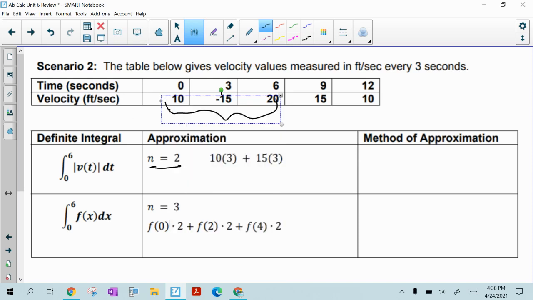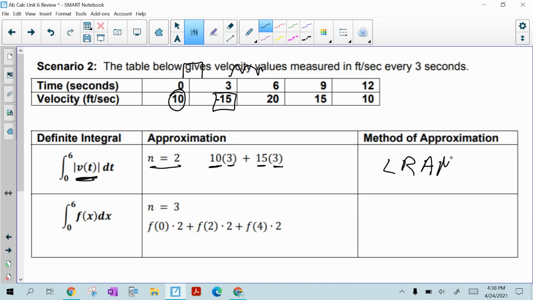Okay, so we're now going to say, I've got my height being here as 10, and the distance between these two is 3, and my height here is going to be 15, and the distance between these two is 3. Now again, it's 15, even though I was given negative 15, but notice it's the absolute value, so I'm going to say that this is an LRAM situation.